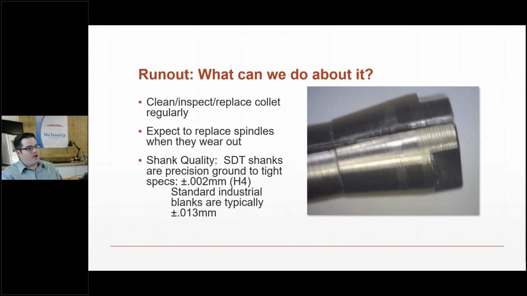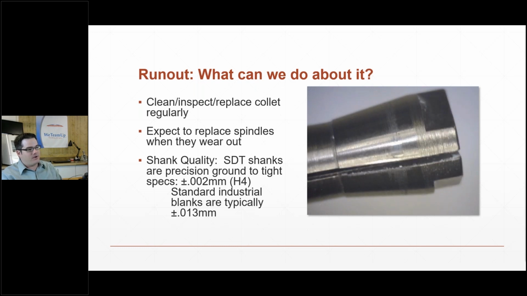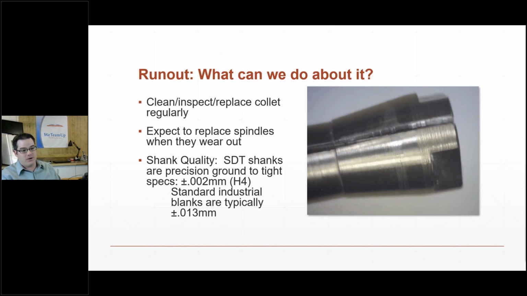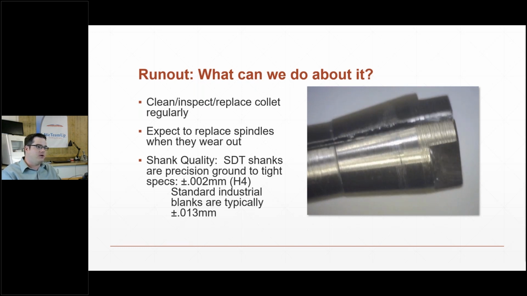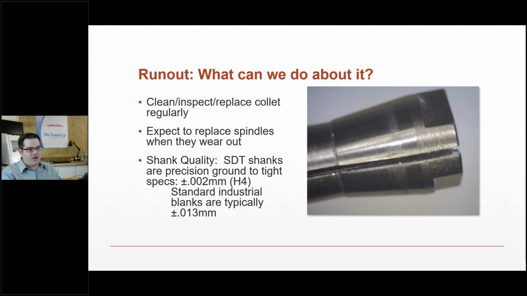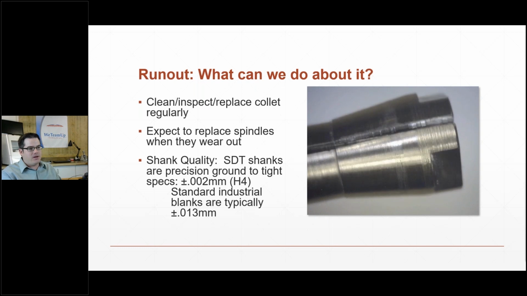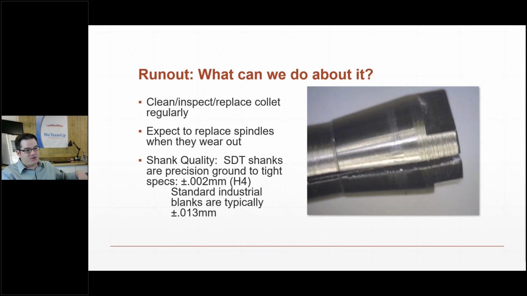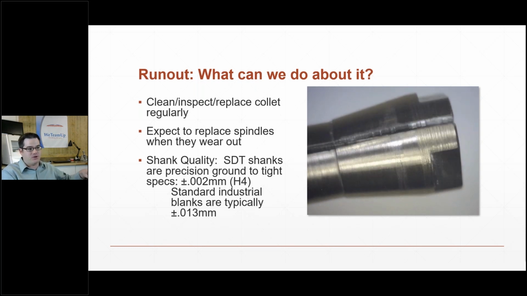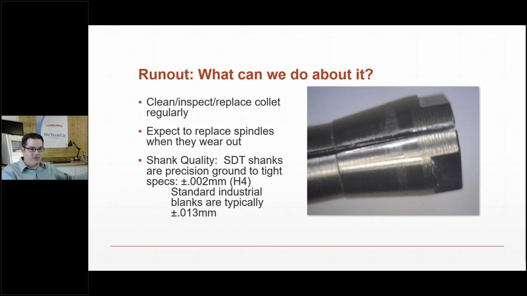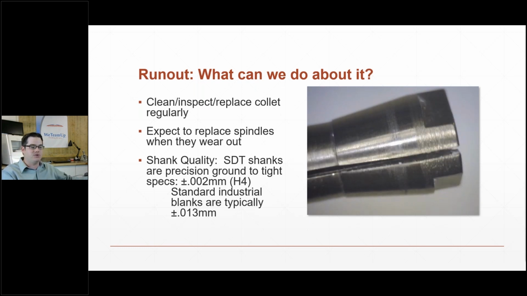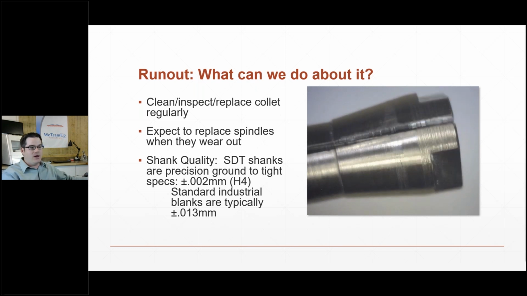And then another thing that we can do about runout comes down to tooling quality again. So if you imagine real quick a burr, you have the cutting edge of the burr, and it needs to be machined perfectly concentric to the shank of the burr. And there's a lot of different manufacturing methods you can use to machine a tool.